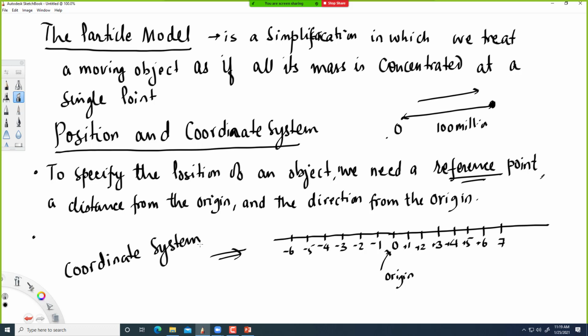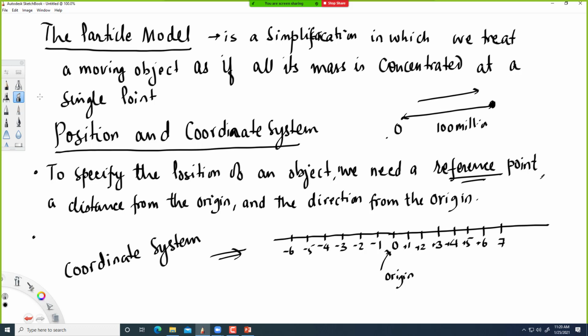Left and right are so subjective. Your left is different than my left right now. So when we talk about left and right, we talk with respect to the origin. Yes, you are right. For you, your left would be that way.